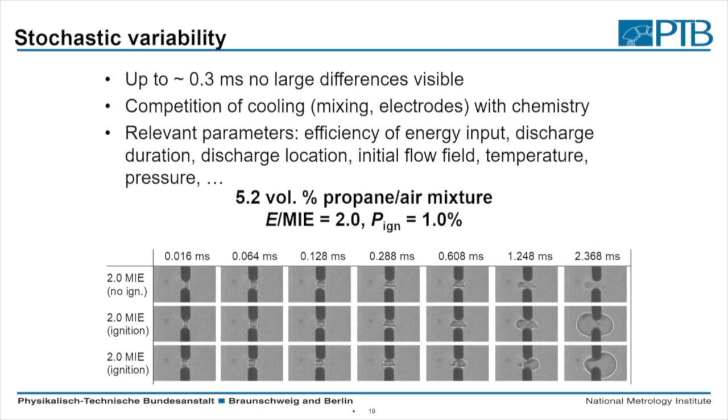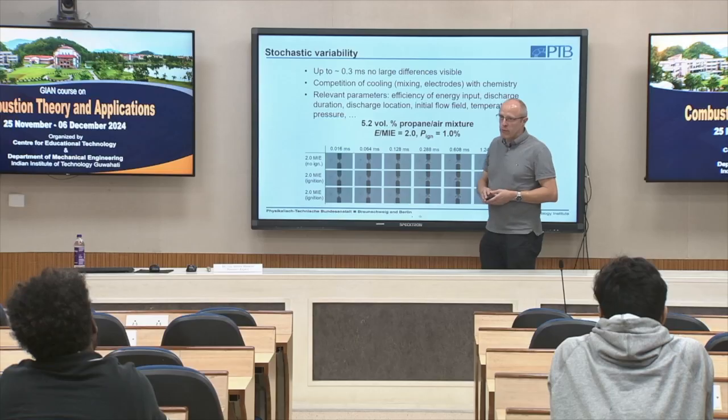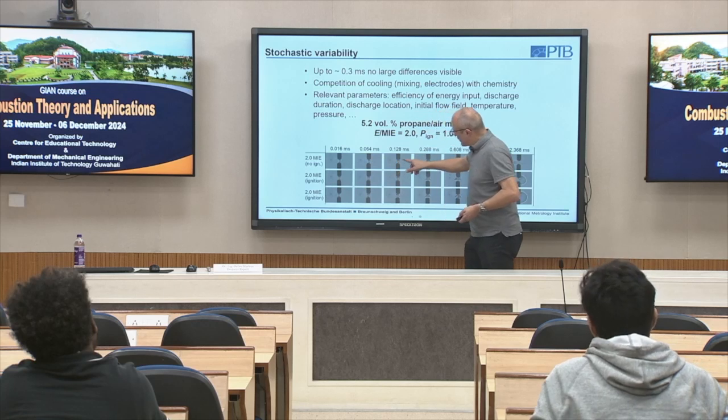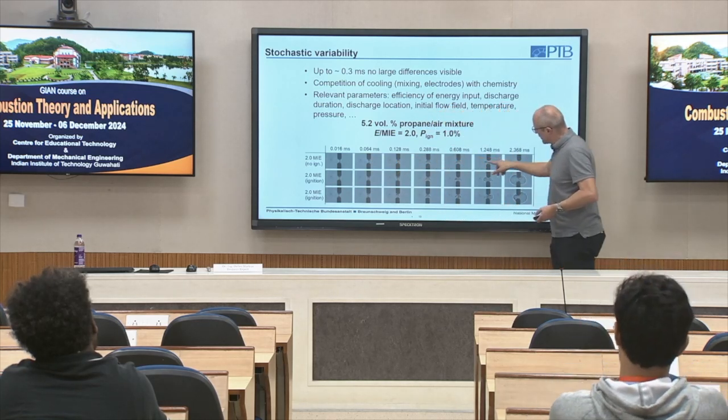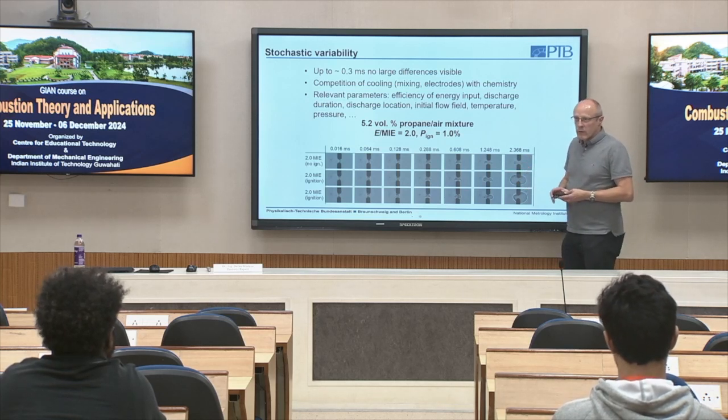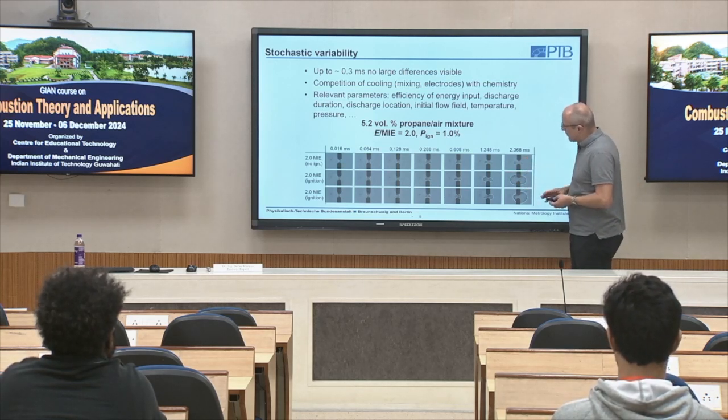So this we can examine here. Now we have selected images of the video you have seen. So the three cases. We have a hot kernel here, 160 microseconds after the end of the electrical discharge. Here we have a hot kernel which then interacts with the surrounding due to vortices, mixing with the cold atmosphere, and finally in this experiment no ignition occurs.